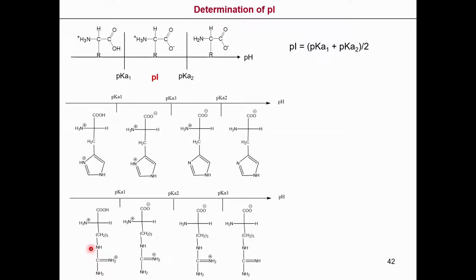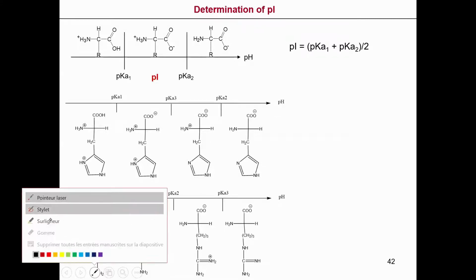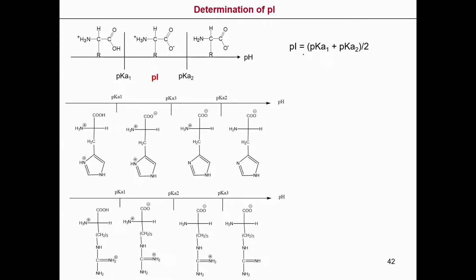I have one more slide, and after we can make a coffee break. Okay. So here, how can we calculate the isoelectric point of an amino acid?